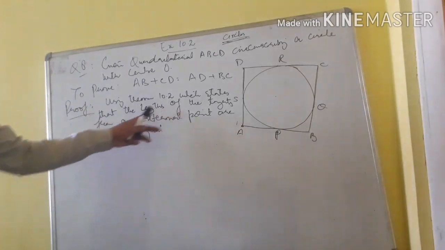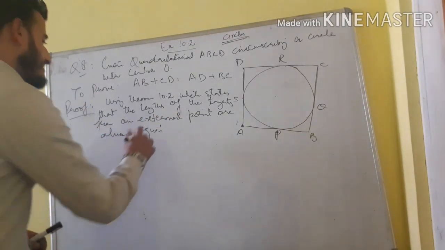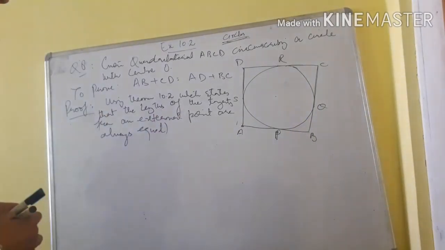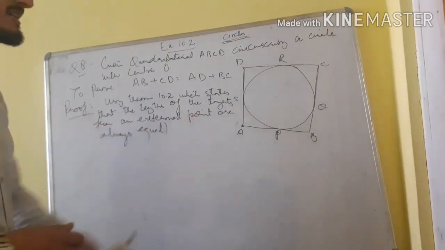The lengths of the tangents from an external point are always equal. They will always be equal. So we are going to use this concept here.